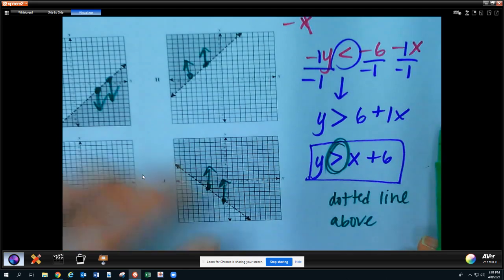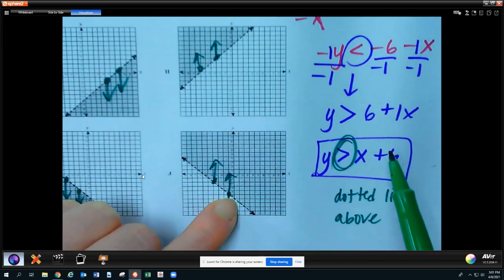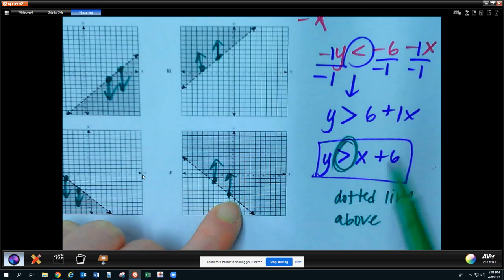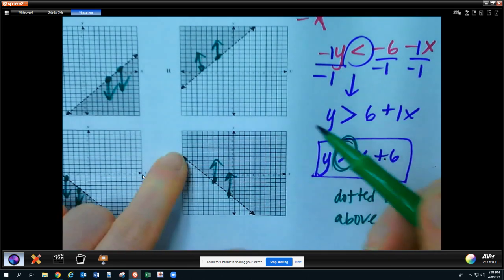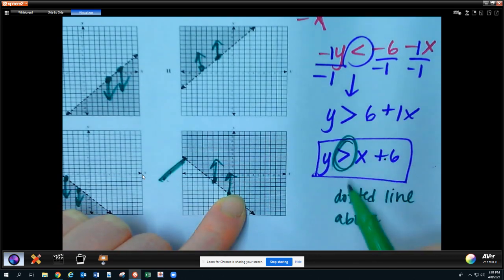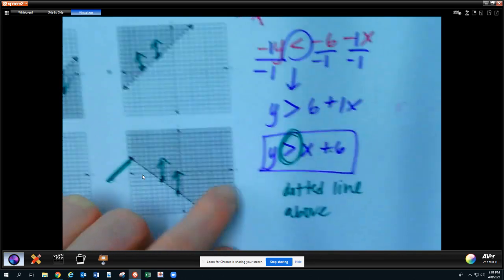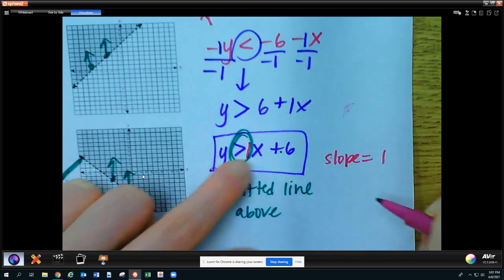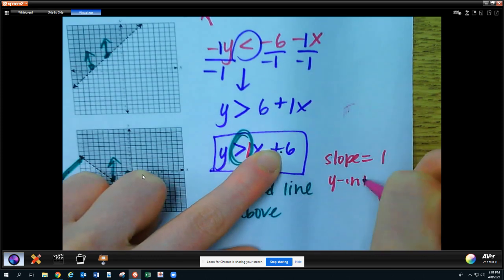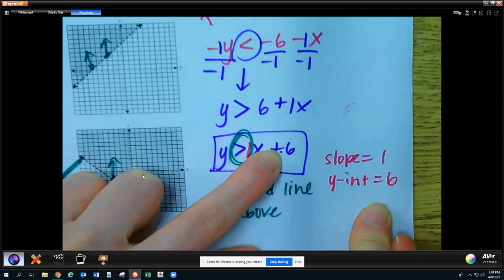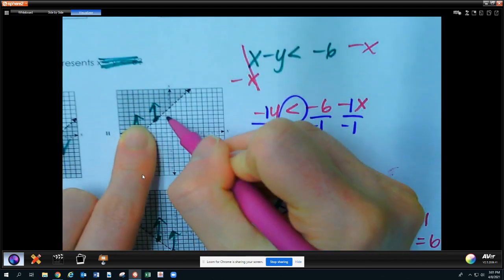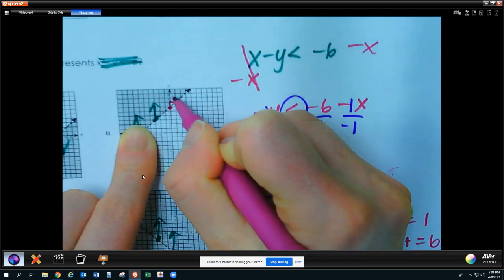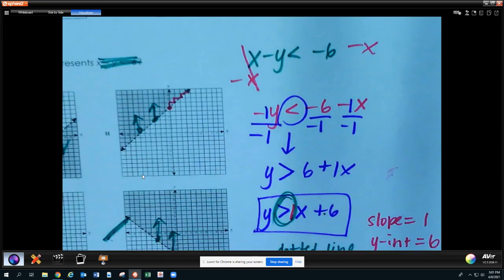And so this one has a y-intercept of -6 instead of +6. And it has a slope of -1 instead of +1. So slope and y-intercept is important for this problem because this one has the y-intercept of 6 and a slope of 1. And that is it.